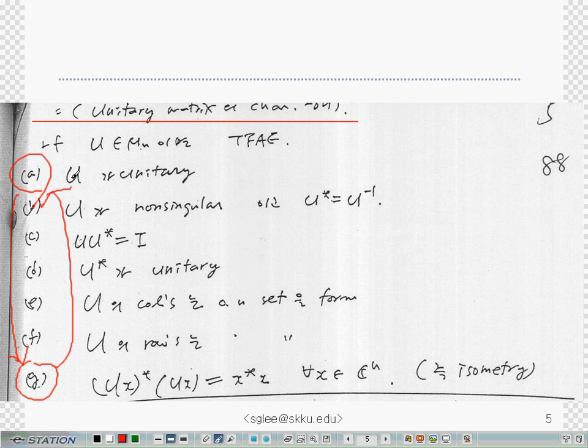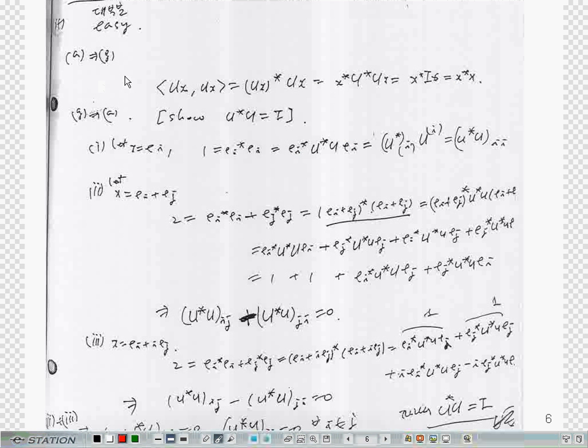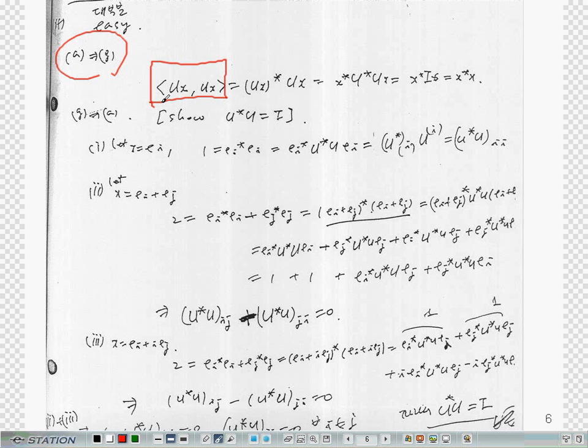First, proof from A to G. It is easy. If U is unitary, then you can think of the inner product of UX with itself.